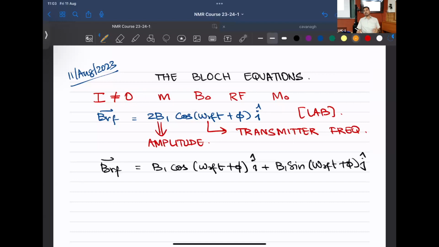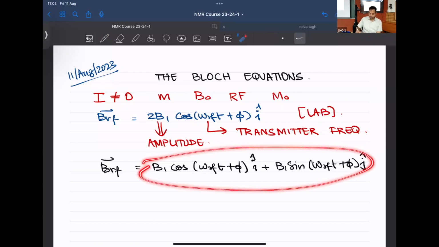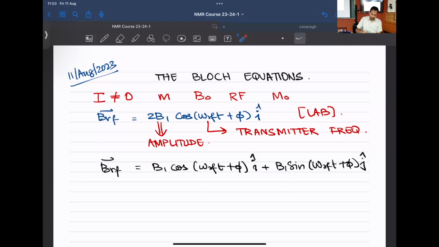As always in science, we tend to assume a few things and move on, but there are always exceptions to it. There are cases where the counter-rotating one also has an influence. That shows up in something called Bloch-Siegert shifts, which we won't go into in this course.